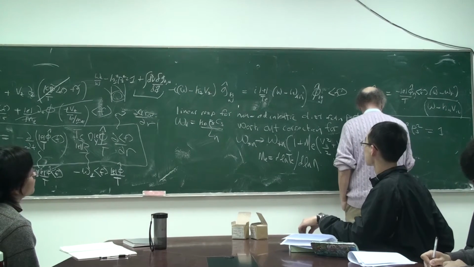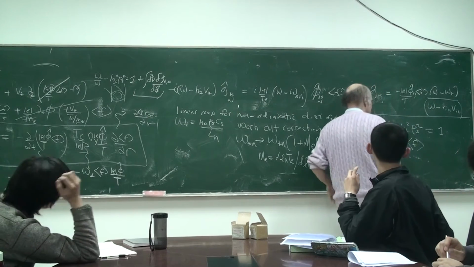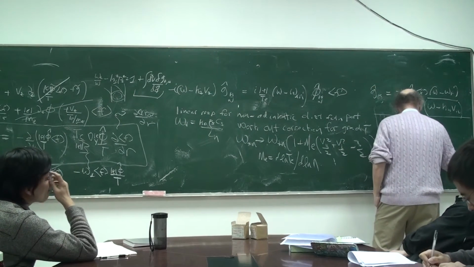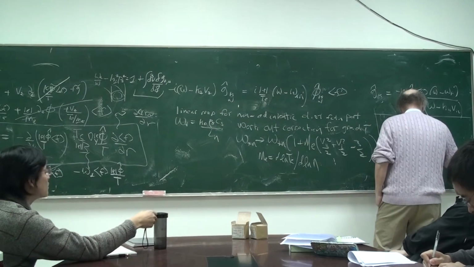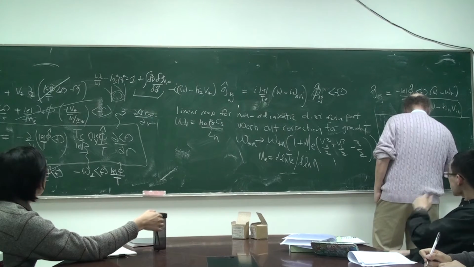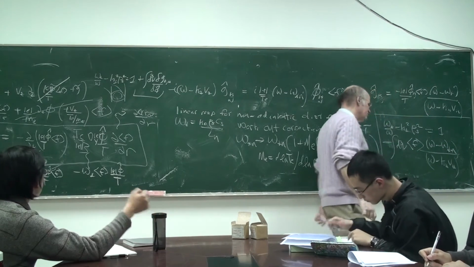There'd be a minus sign here. There'd be an F average, which is our friendly neighborhood Maxwellian, and there'd be omega minus omega star n divided by omega minus k parallel v parallel. And there's our basic dispersion relation.